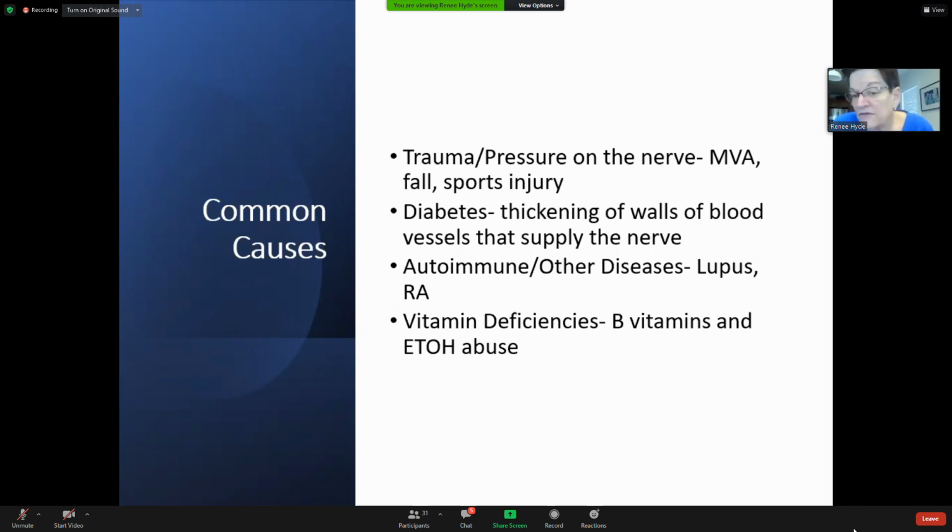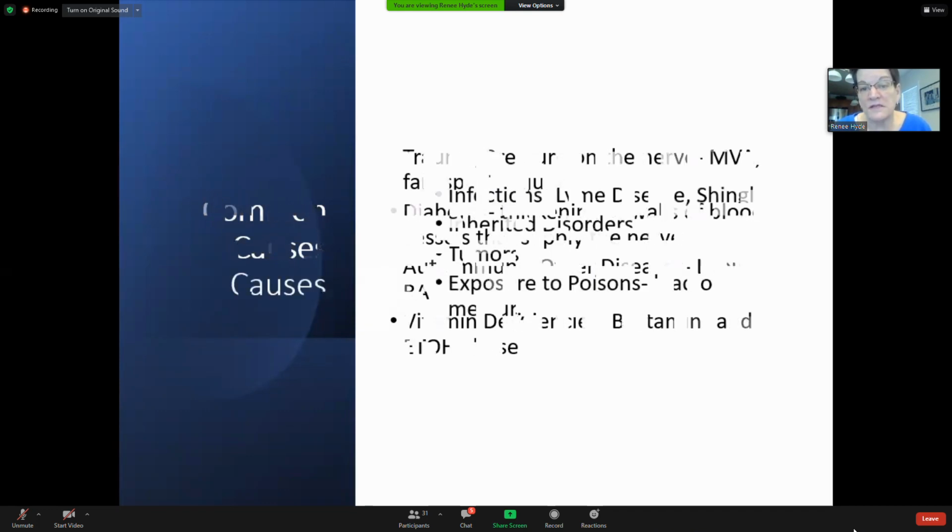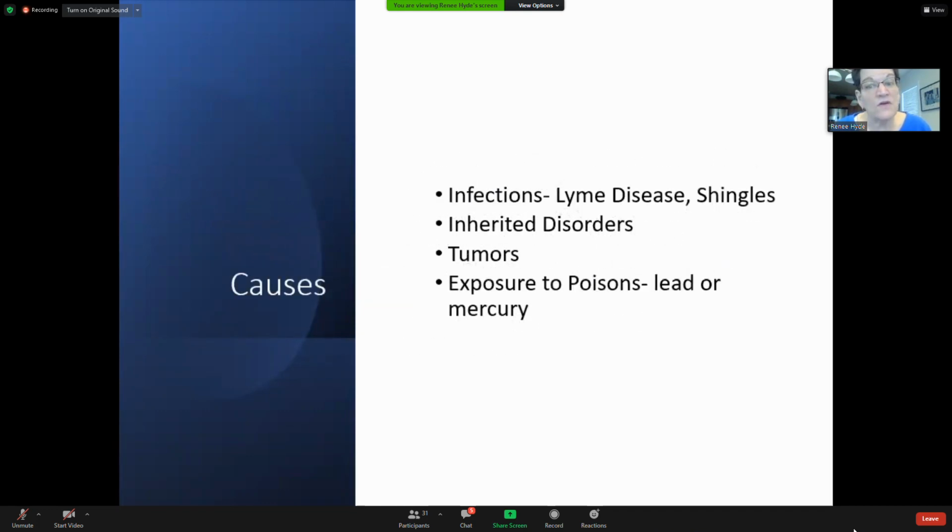Your vitamin deficiencies, like I said, the B vitamins, or patients that abuse alcohol. Remember, thiamine is one of the things that they lack, and thiamine is a B vitamin, and it often causes neuropathies. Now, you can see it from Lyme disease or shingles, tumors, poisons like lead or mercury can cause damage to those nerves as well.